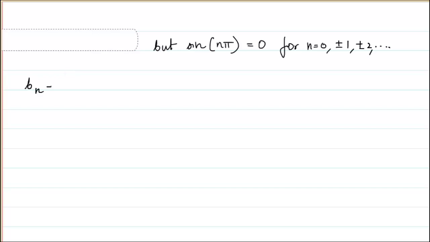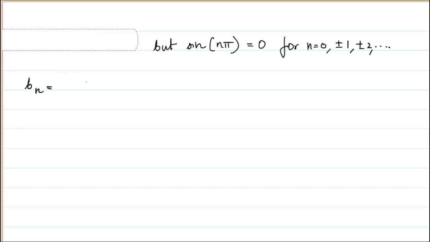So I can write sine of n pi, or when n plus 1 pi, 1 plus n or 1 minus n, or any number pi, I will write basically sine of n pi, because any number pi is equal to 0 for n is equal to 0, 1, 2, you take any number, and even plus minus 1, plus minus 2, in all these cases sine of n pi is going to be equal to 0.